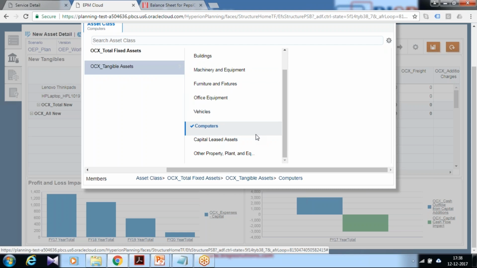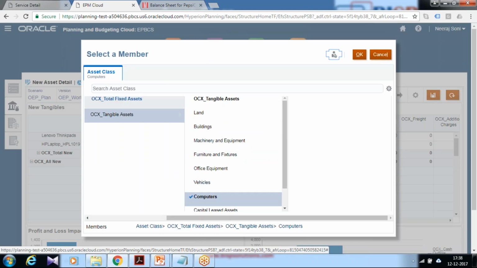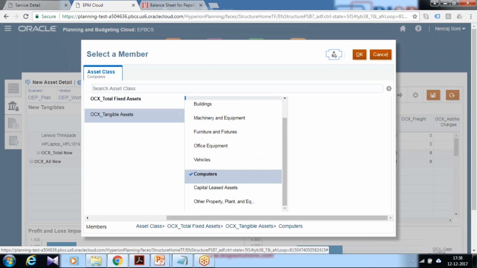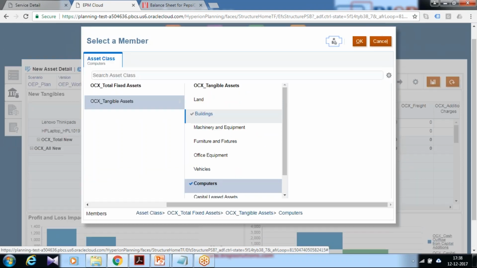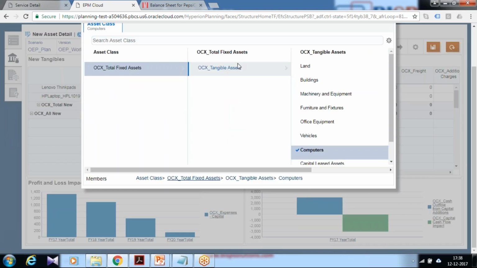So if you haven't seen how to configure the CapEx module, please go back and watch. All asset classes in my case are taken from there, although you can add a new asset class later on as well. So you see it is classified as tangible asset and intangible asset. Fixed asset, you have tangible and intangible assets.